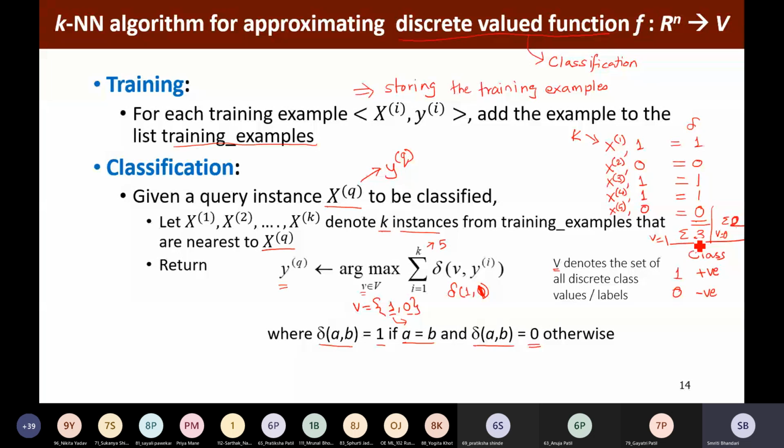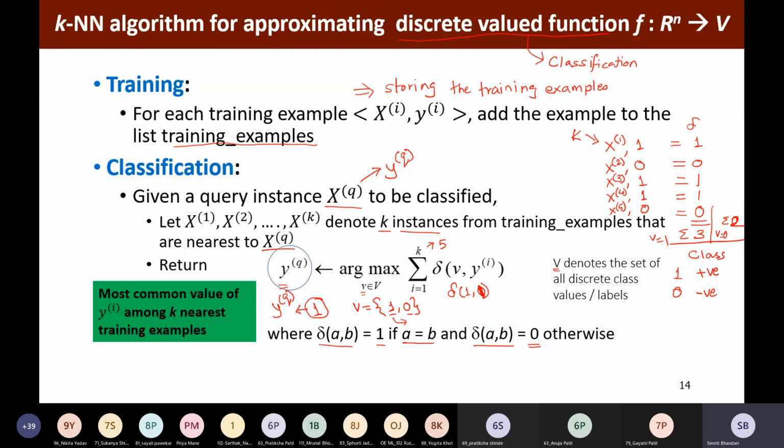For class label 1, the sum is maximum, that is 3, which is greater than 2, and that is why this yq gets assigned the class label 1. Right? And this is how we are predicting the class of this query instance xq as 1 in this scenario. This yq is actually the most common value of yi among the k nearest training examples.